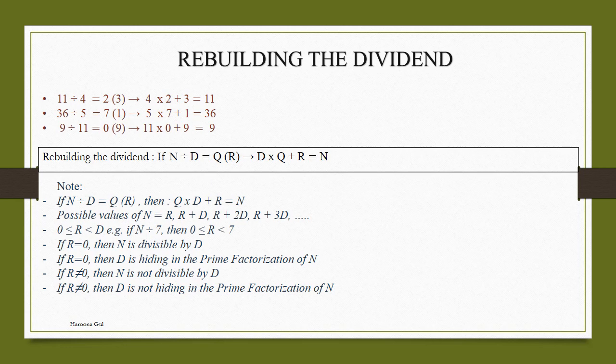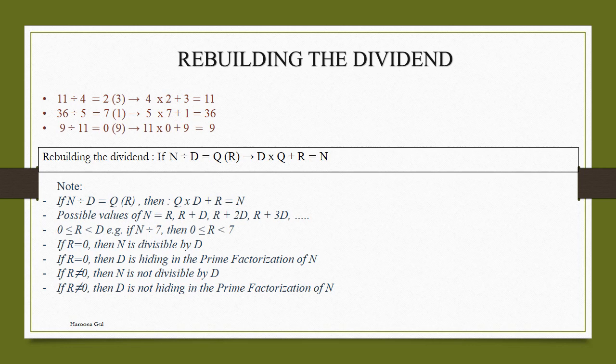Now the remainder is always going to be less than the divisor and greater than or equal to 0. That is, the remainder r is going to be between d and 0, or equal to 0.